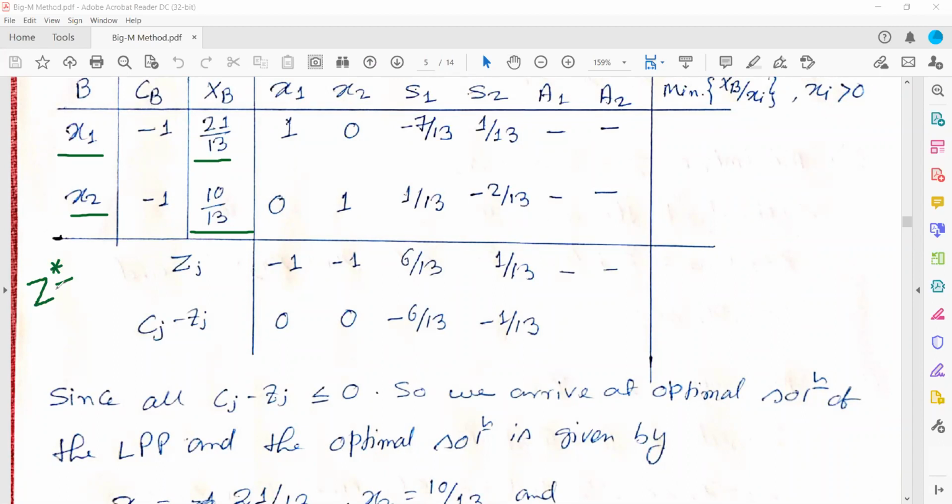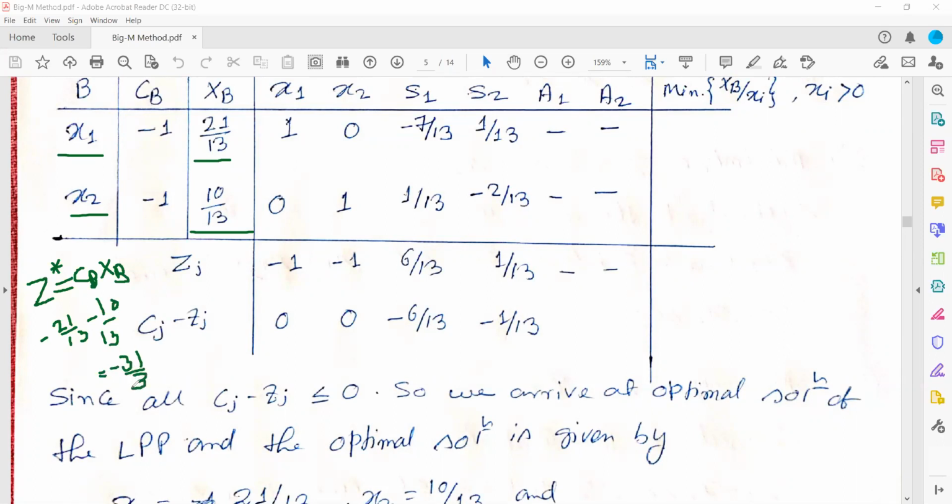Z star is always CB into XB. So minus 1 into 21 by 13 is minus 21 by 13, and minus 1 into 10 by 13 is minus 10 by 13. So this is nothing but minus 31 by 13.